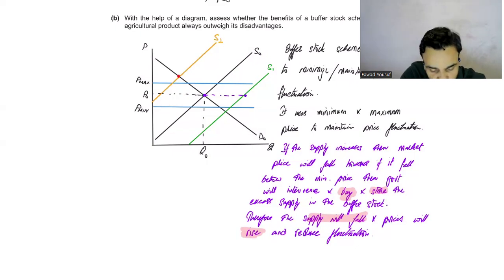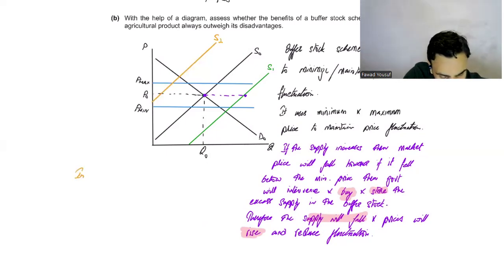If it goes so high up that it goes above the maximum, the government will intervene. They will release the shortage from the buffer stock, that will increase the supply, bring the prices back down. So that was another one mark that you have to write in this.